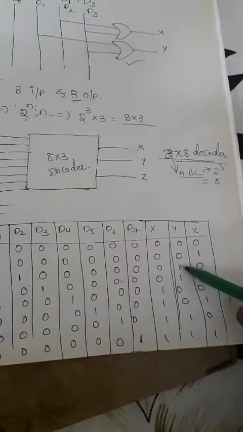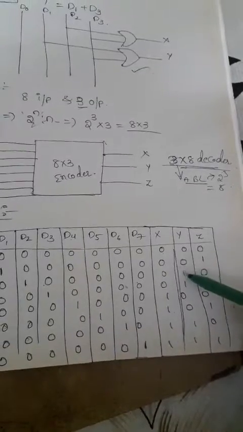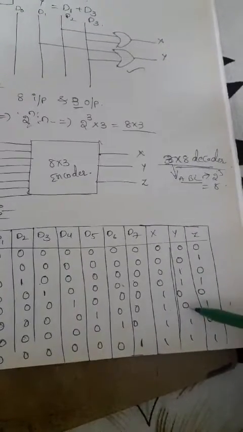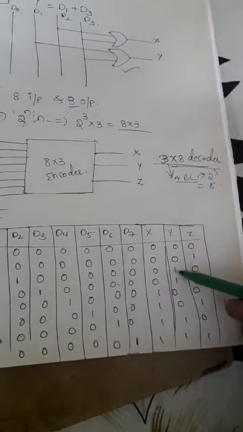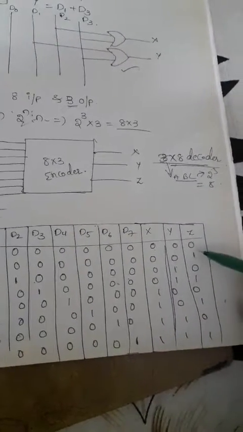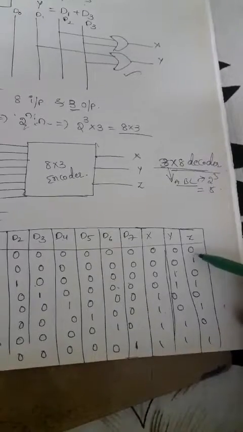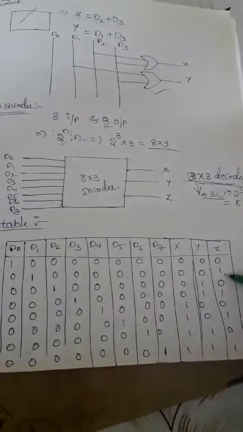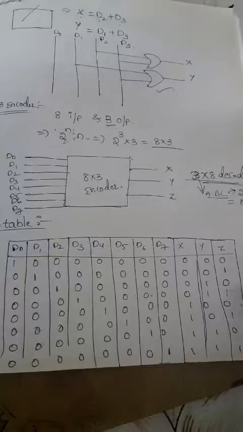For Y, D2, D3 and D6, D7 will be enabled. And for Z, D1, D3, D5 and D7 are enabled.